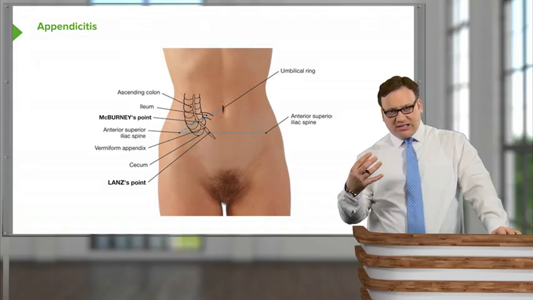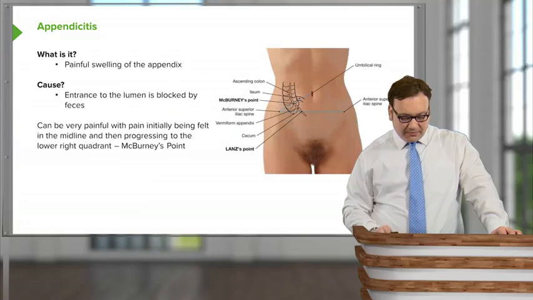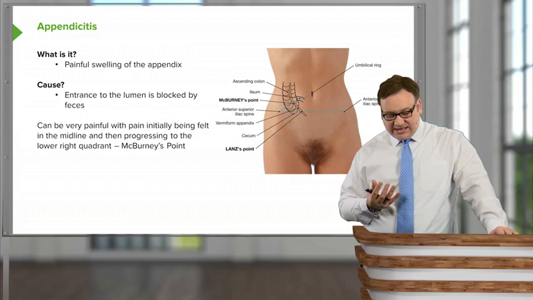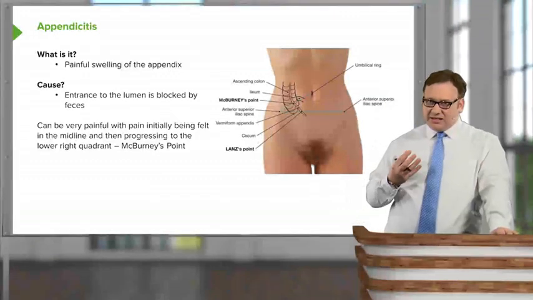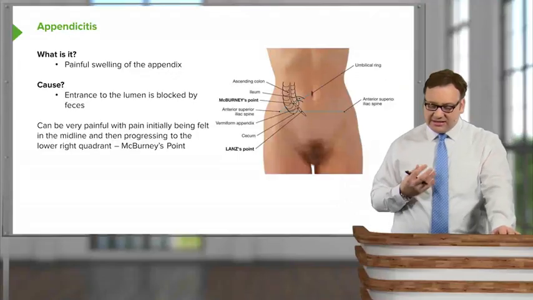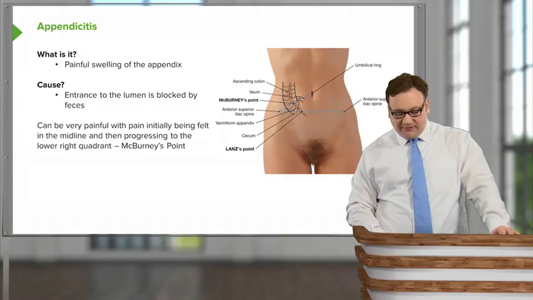Now, because it's a narrow, blind-ended pouch, it can actually become blocked. And if it becomes blocked by feces, then it can swell and become inflamed. That creates appendicitis, if it becomes inflamed and potentially infected.